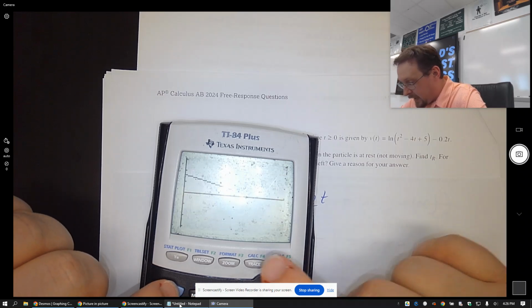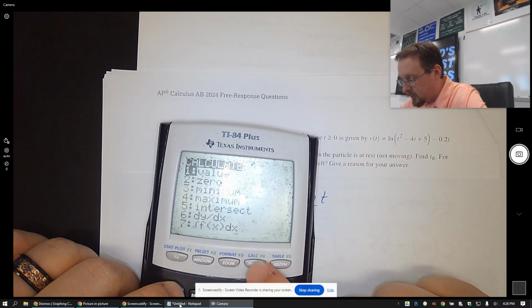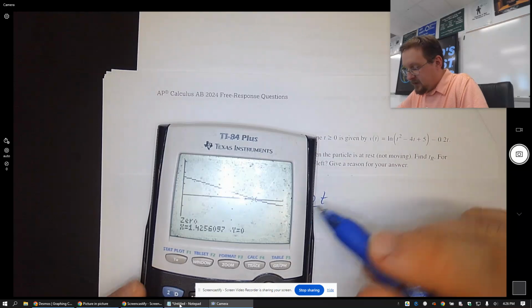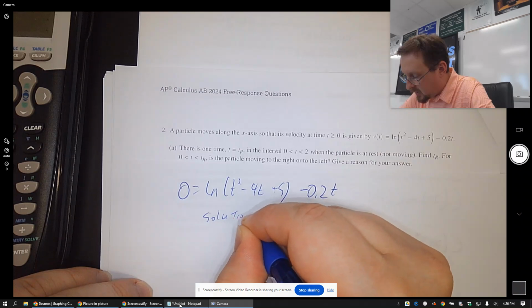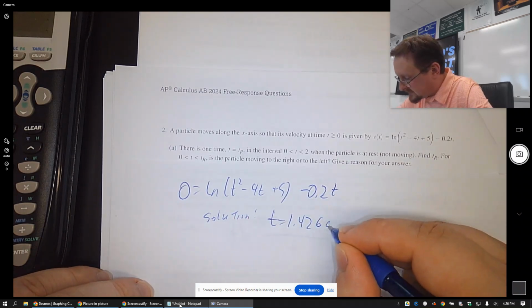All right, so now I'm going to calculate a zero. A left bound, a right bound, and a guess. So the solution is t equals 1.426 seconds, right?